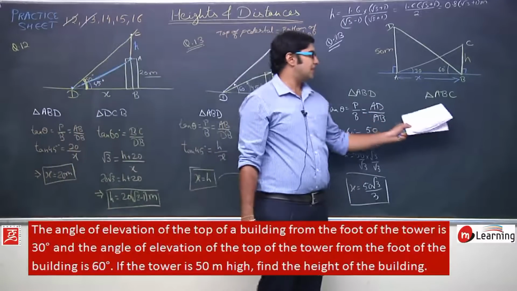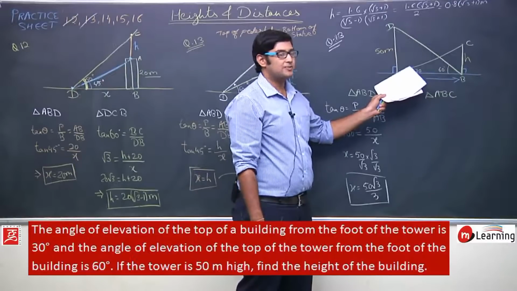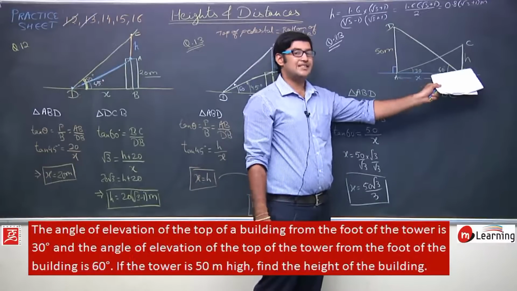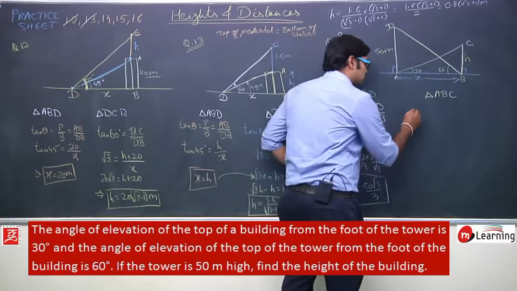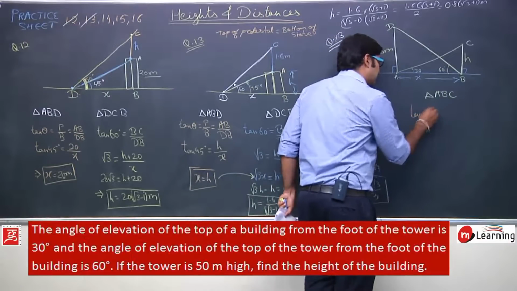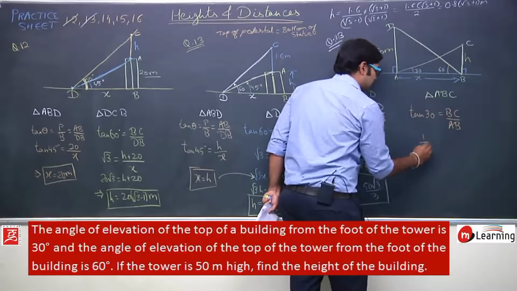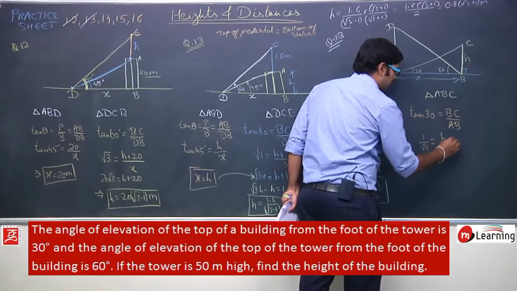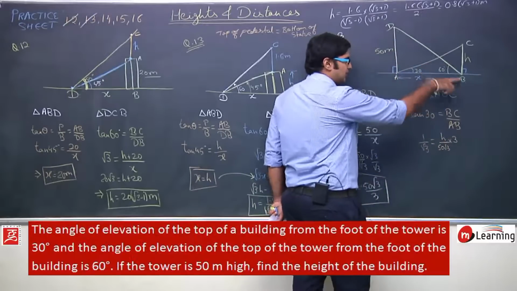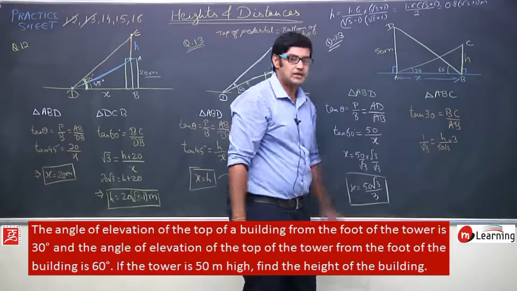Now observe triangle ABC. In triangle ABC, this angle is 30 degrees. With respect to this angle, BC is the perpendicular and AB is the base. Again the same ratio: tan 30 degrees equals BC upon AB. Tan 30 degrees is 1 upon root 3, which equals BC, that is H, upon AB. AB is 50 root 3 upon 3, and we take the reciprocal, so the 3 from the denominator goes to the numerator.